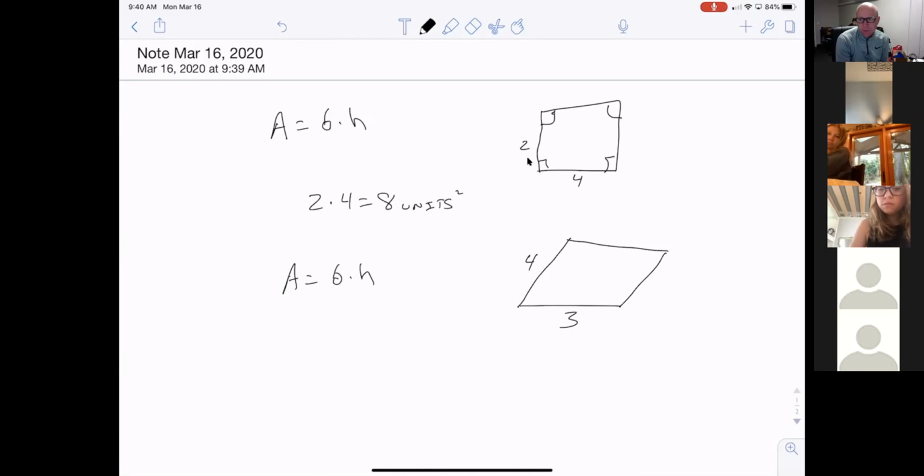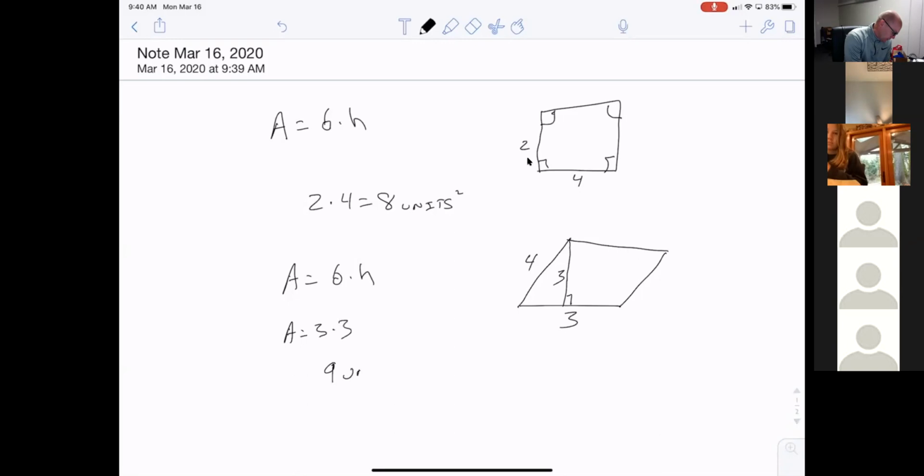The height has to be something that's straight from one of the bases to the top of the other side, so I have to have a perpendicular segment to determine what that would be. So maybe that height was 3, and then I could find the area by doing 3 times 3 and getting 9 units squared. So you've got to try to find the height in all of these different looking shapes.